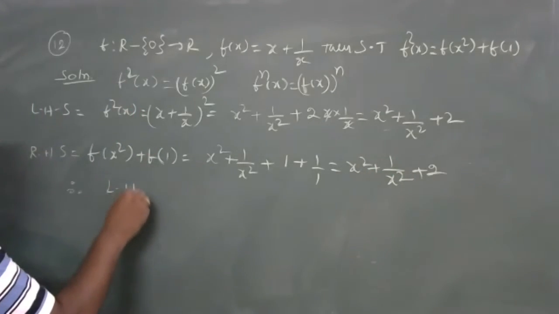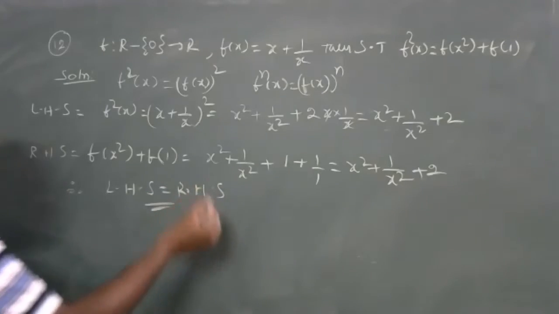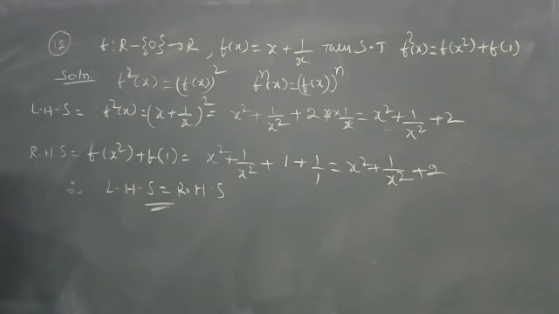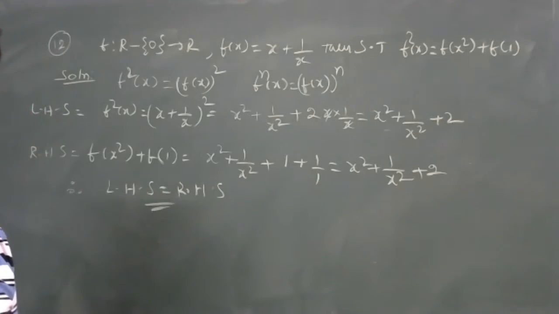Therefore, left hand side is equal to right hand side. Such a beautiful way we have got this problem. See how nicely we have got this particular problem. Please go through it.